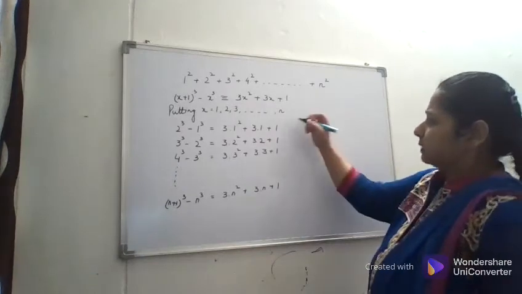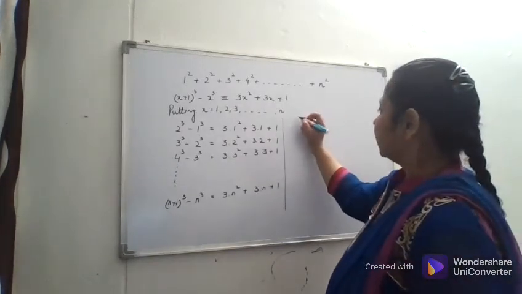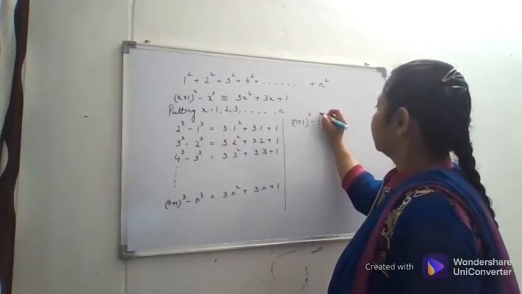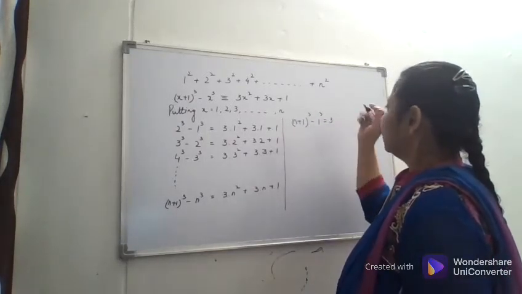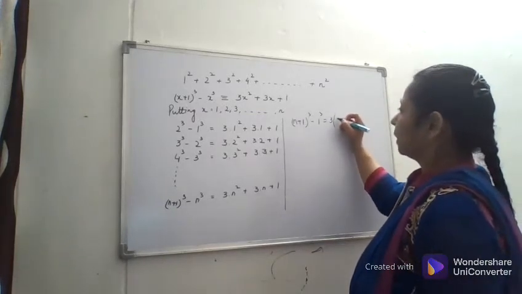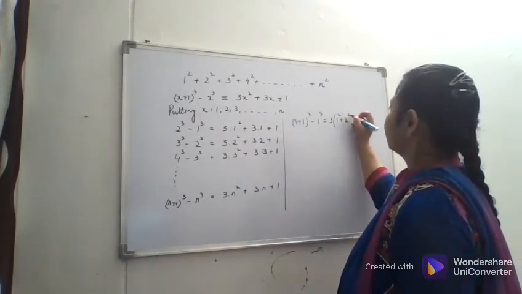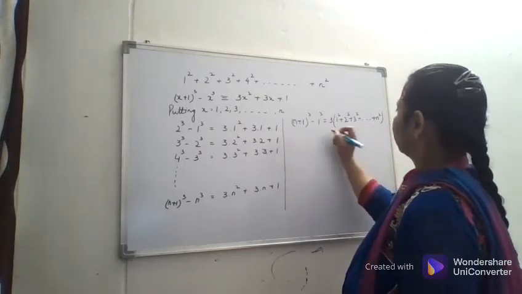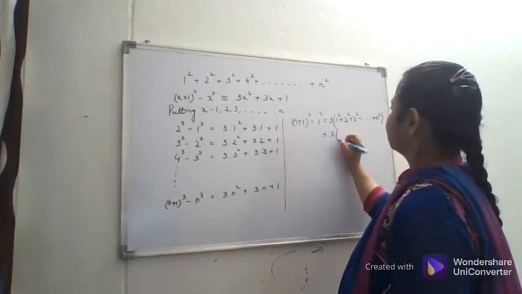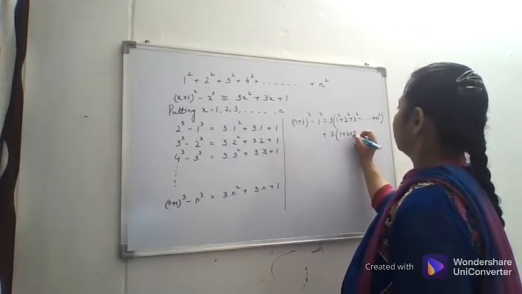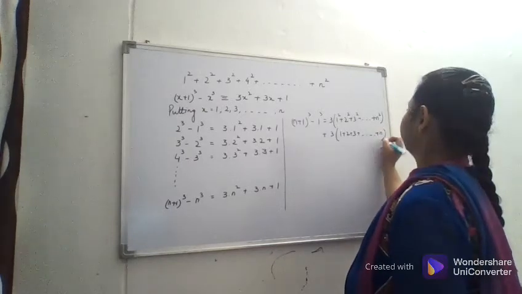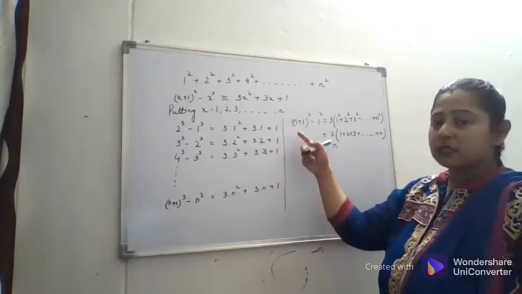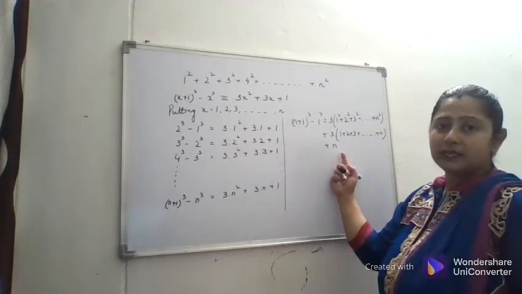When we add them, we get (n plus 1) whole cube minus 1 cube is equal to 3 into (1 square plus 2 square plus 3 square and so on till n square) plus 3 into (1 plus 2 plus 3 and so on till n) plus n. I am not counting n times here, because I am adding it up and we get it as n.